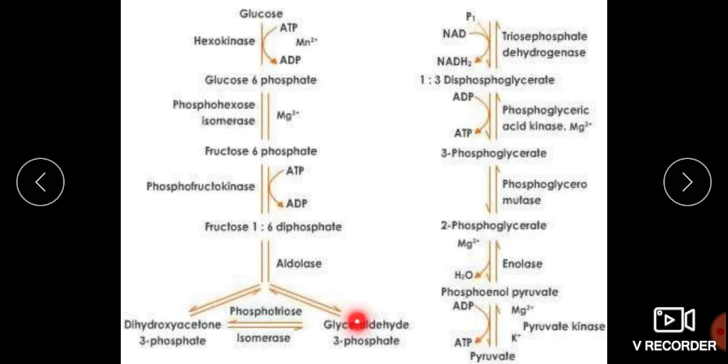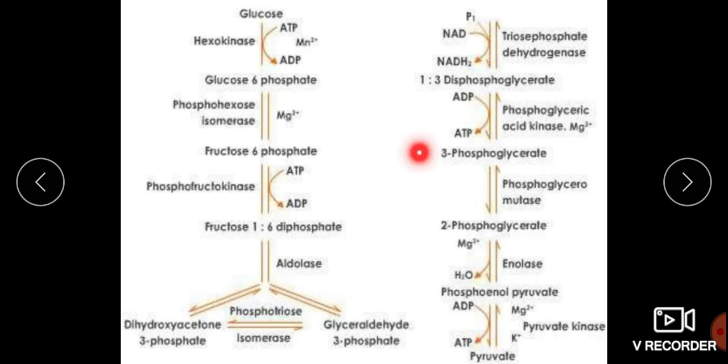Further, the glyceraldehyde 3 phosphate continues the pathway and gets converted into 1,3-diphosphoglycerate. The name of the enzyme is triose phosphate dehydrogenase. The 1,3-diphosphoglycerate gets converted into 3-phosphoglyceric acid with the help of the enzyme phosphoglyceric acid kinase.